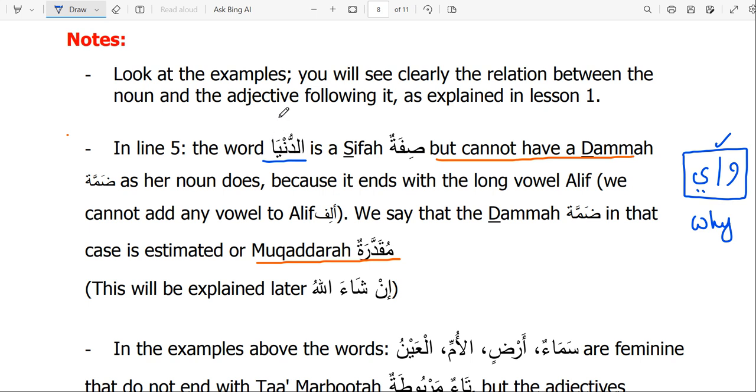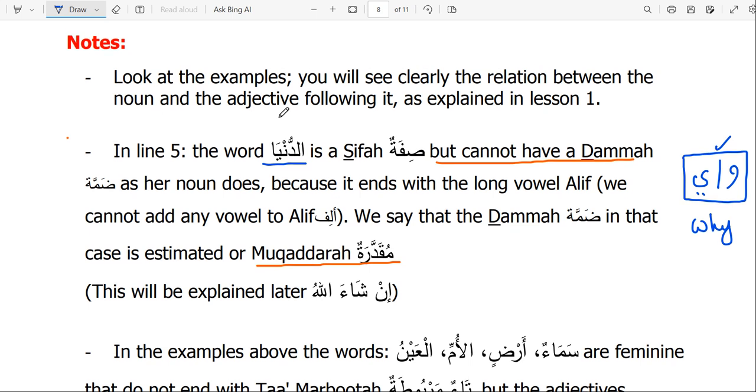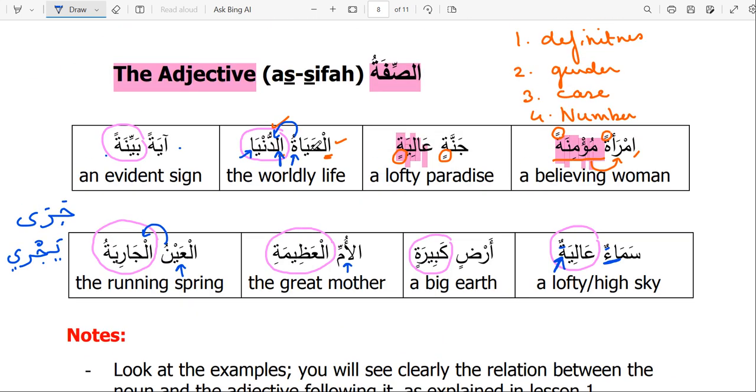If you come across this sifa and it is the word dunya with a long vowel, we cannot put a dhamma here. Never, because it's from the long vowel and it is the rule of the long vowel that it cannot carry any haraka. So how am I going to know that it has a dhamma here?